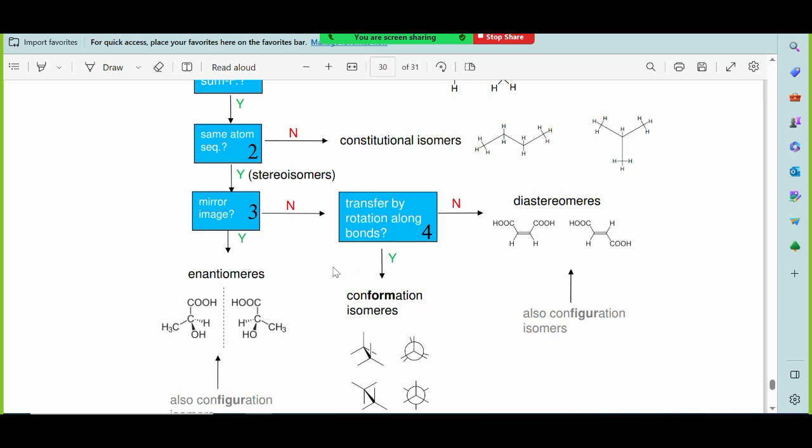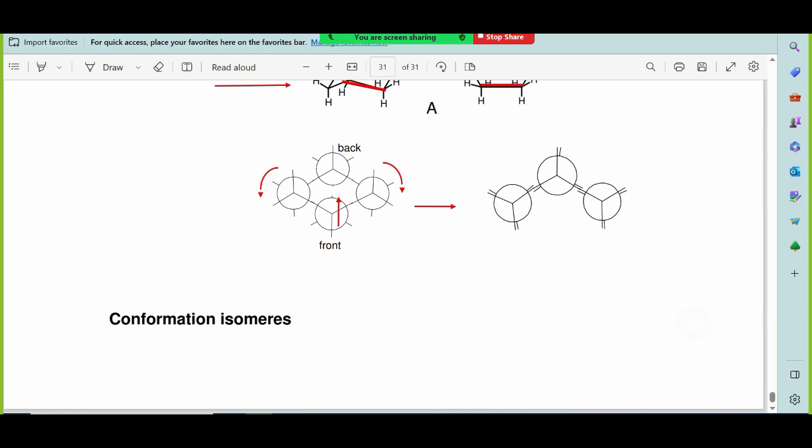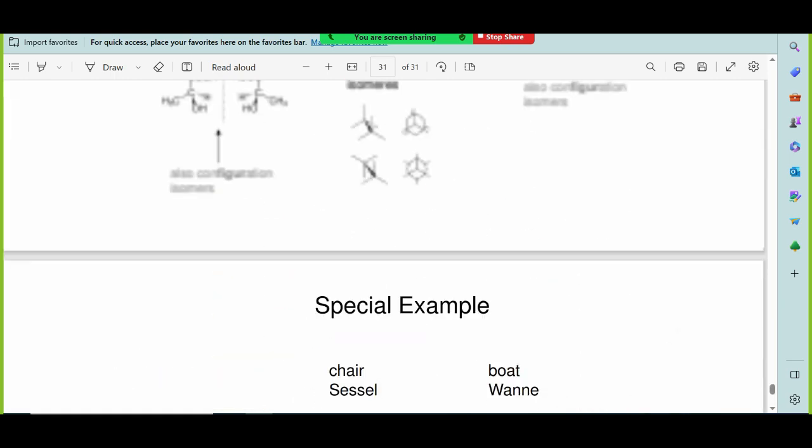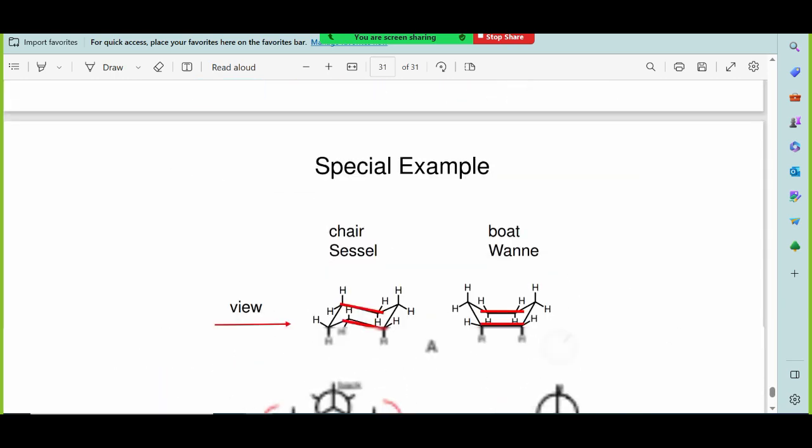So they are the same molecule, but only the direction where they are pointing in 3D is different, and it can be fixed by just rotating or sliding the bonds along each other. If not, then we most probably have a diastereomer, and in this case, we have the cis and the trans shape.